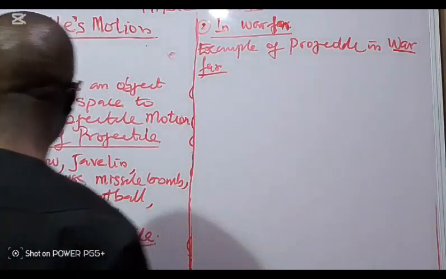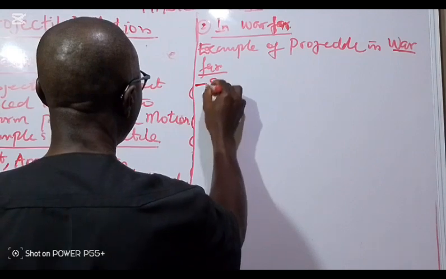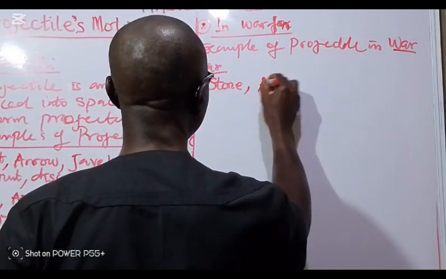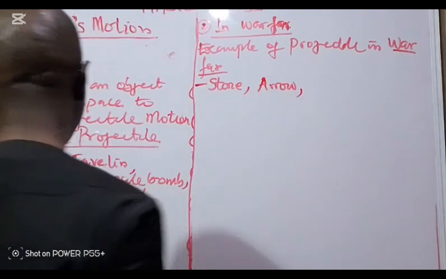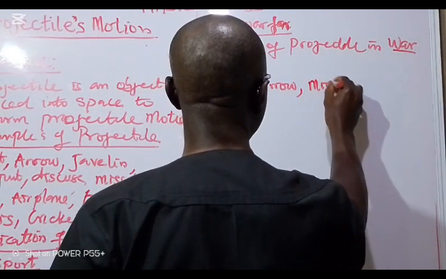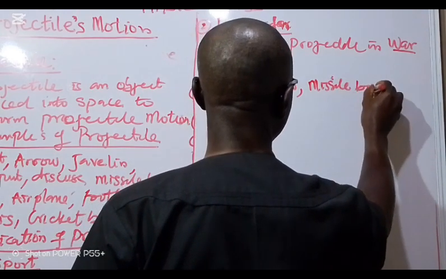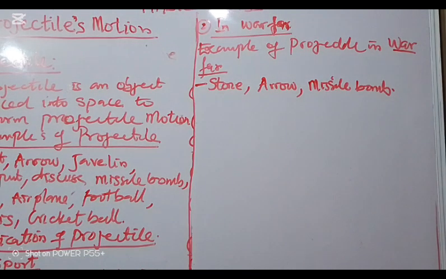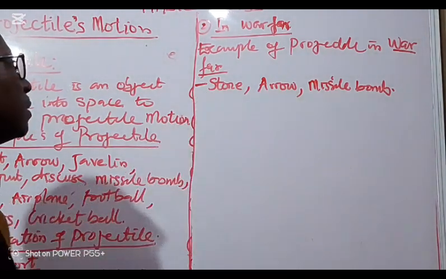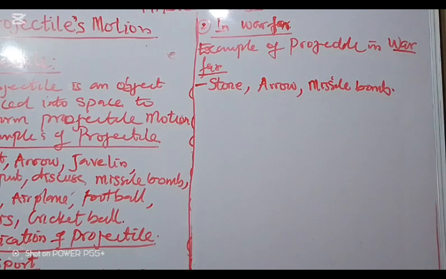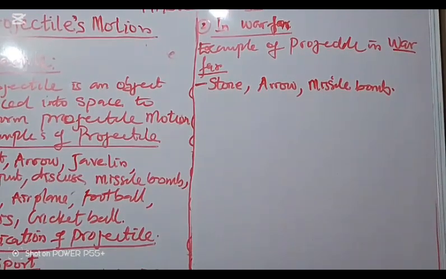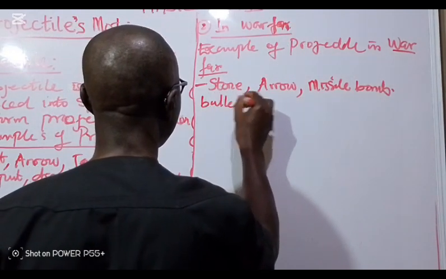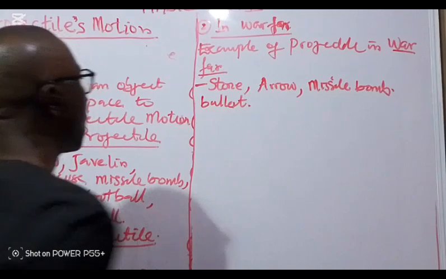From the list on the board, we have stone, arrow, missile bomb, or any kind of bomb. So these are the 3 that we can use in warfare. In addition, we can still have bullets. Any kind of bullet can be used in warfare.